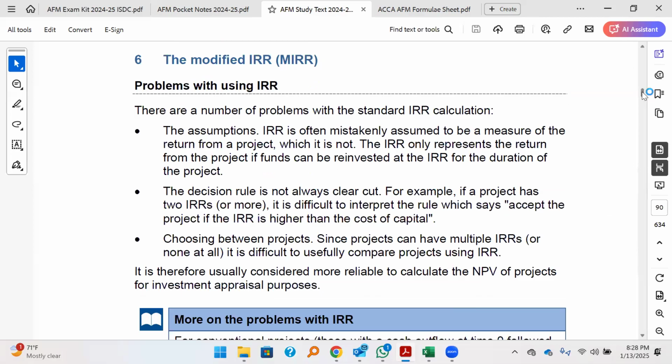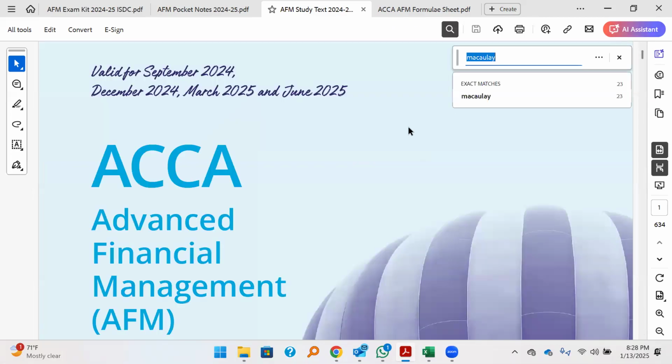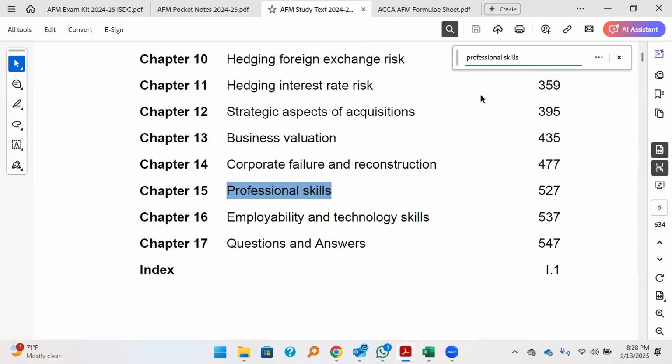Maybe it is in here in the notes. Yes. So there's a whole chapter here explaining professional skills. So when you go through that chapter, you will basically understand more of what they expect of you for each of those different skills.